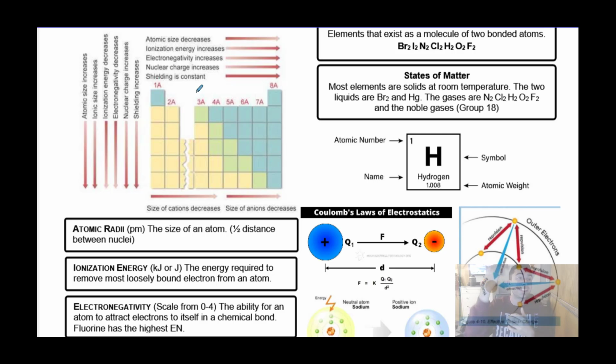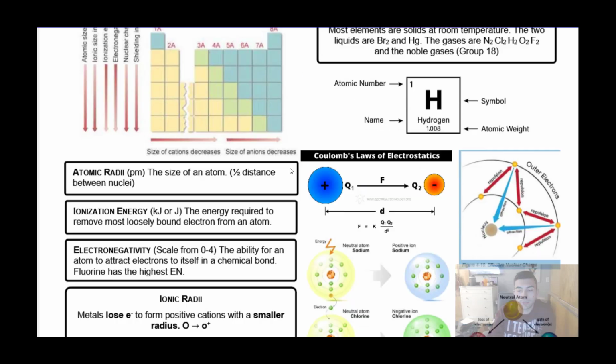Shielding changes going down a group, because if we think about going from lithium to sodium to potassium, we are adding electrons to another shell of the atom, so we're increasing the number of core electrons between the nucleus and the valence electrons, and that is increasing the shielding effect. The more core electrons that are between the nucleus and the valence electrons, the more shielding is going on, preventing the nucleus from attracting those valence electrons.